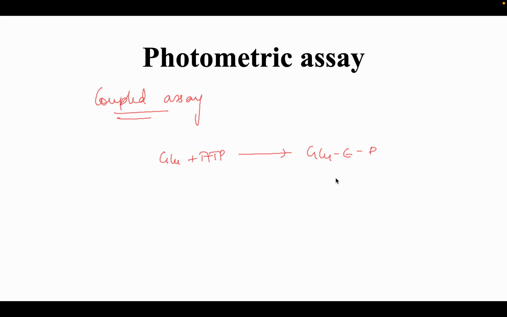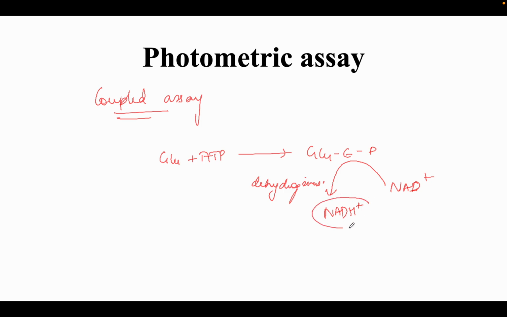This glucose 6 phosphate can be coupled to a different reaction, a dehydrogenase reaction, where with glucose 6 phosphate as the substrate, NADP plus is converted to NADPH.